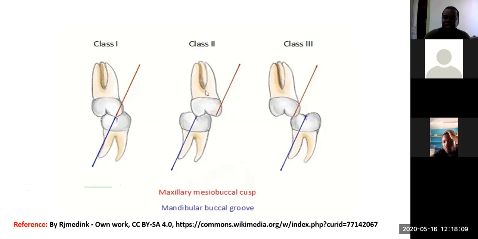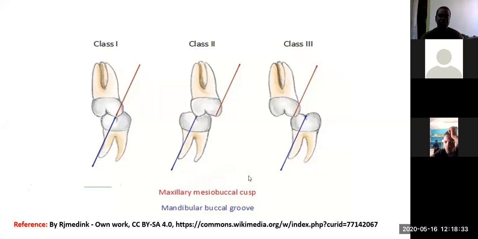So this picture shows it clearly to you. While class 1, which is a normal relationship, is when the mesiobuccal cusp of the upper is biting on the groove of the lower first molar.